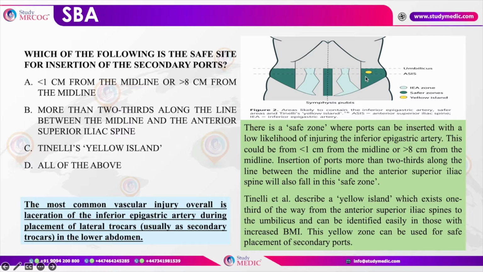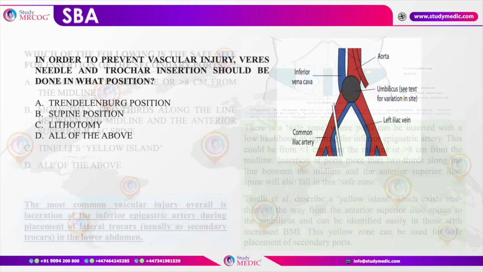So again, it is a safe zone. Tinelli et al. describe the yellow island, which lies 1/3 of the way from the ASIS to the umbilicus and can be easily identified even in those with increased BMI. This yellow zone can be used for safe placement of secondary ports.